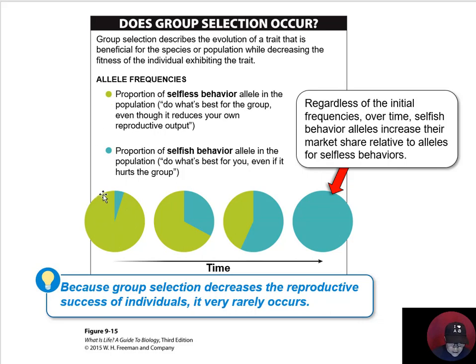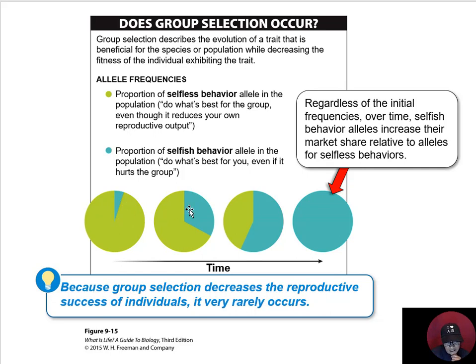We start off with these selfless individuals. I'm going to do what's best for the group, even though it reduces your own reproductive output, right? So for those of you who said, I'm going to choose the group over me, right? And then we have this in teal, this proportion of selfish behavior allele in the population, which is do the best for you, even if it hurts the group, right?